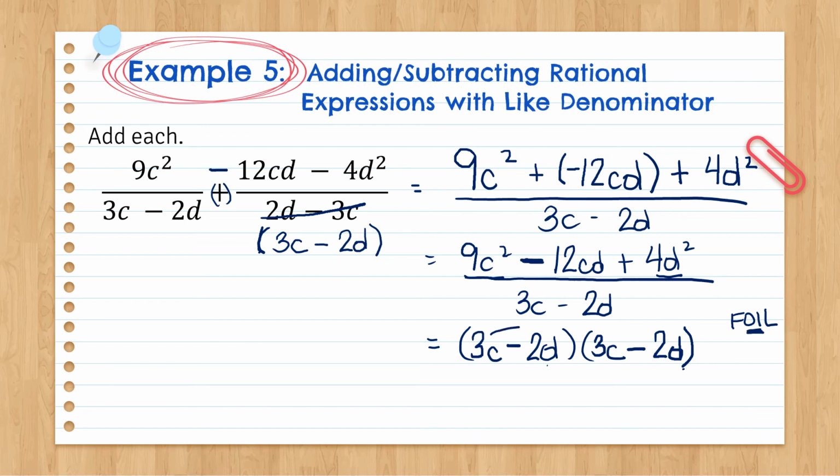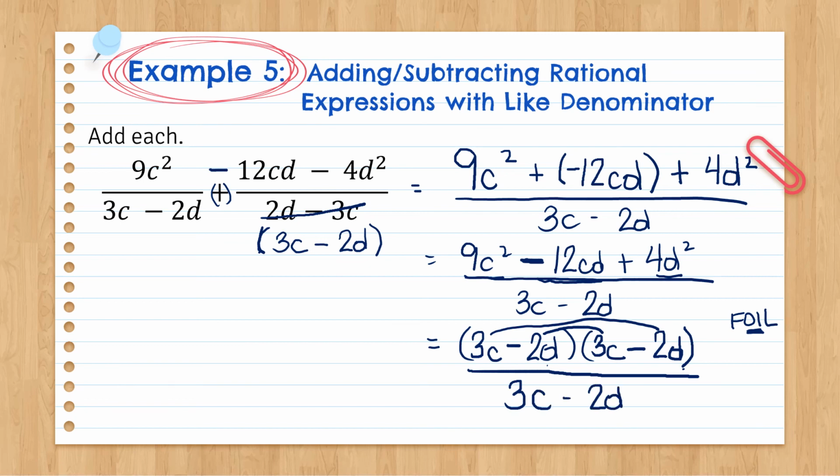So, 3c times negative 2d will give us negative 6cd and then negative 2d times 3c will give us also negative 6cd. So, negative 6cd plus negative 6cd, we have negative 12cd. So, tama ang ating factors. Over, syempre, wag natin kakalimutan ang denominator natin na 3c minus 2d.